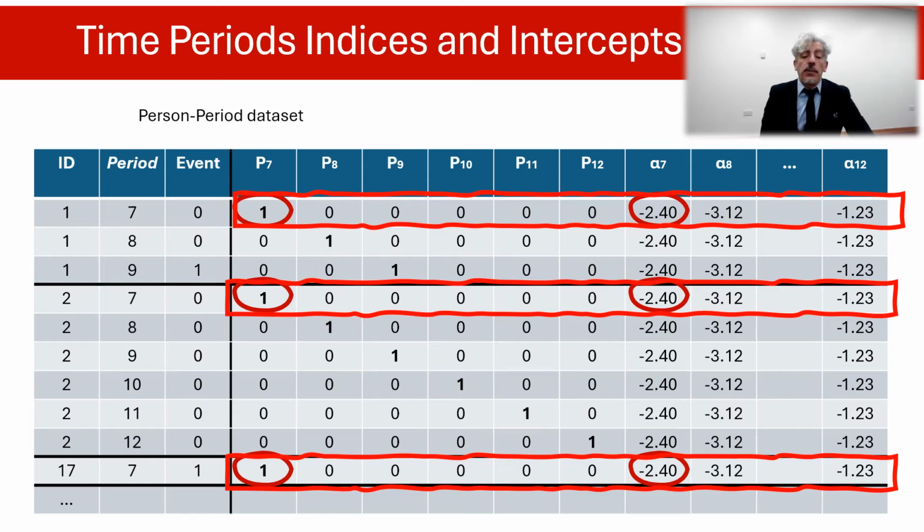That is, by multiplying the dummy time period indices with the alpha intercept, the intercept is only relevant within its specific time period. So I try to represent here that when we are considering period 7, for example, year 7, the only intercept that remains when we multiply the dummies for different periods by the alphas is the alpha, the intercept for period 7, that is minus 2.40.